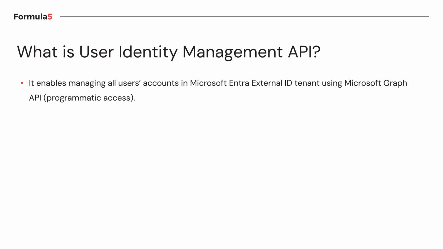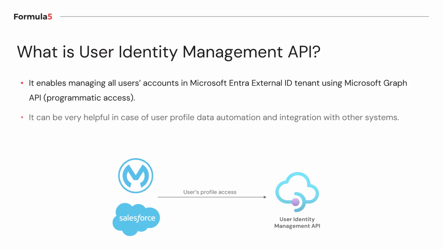However, sometimes it's required to have programmatic access. So we want to do something in our tenant through the source code. User Identity Management API can be very helpful in case of user profile data automation and integration with other systems.